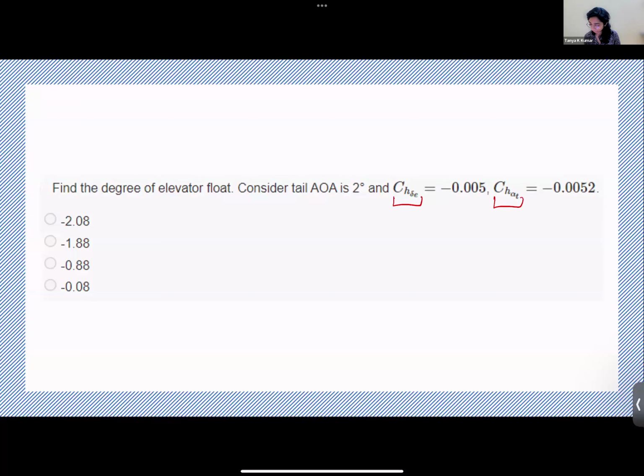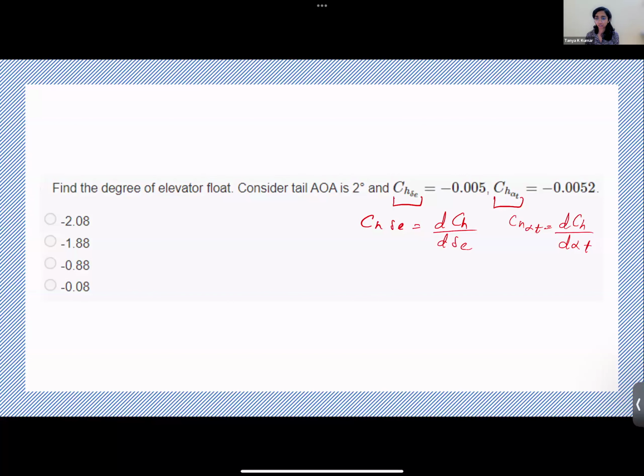CH delta E is dCH by d delta E, where delta E is elevator deflection. Similarly, your CH alpha tail is dCH by d alpha tail, where alpha T is the angle of attack witnessed at the tail.